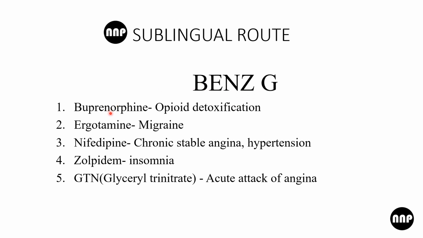B is for buprenorphine, which we give for opioid detoxification. E is ergotamine, we give for migraine. N is nifedipine for chronic stable angina and hypertension. Z is zolpidem for insomnia. So BENZ: buprenorphine, ergotamine, nifedipine, zolpidem, and GTN.